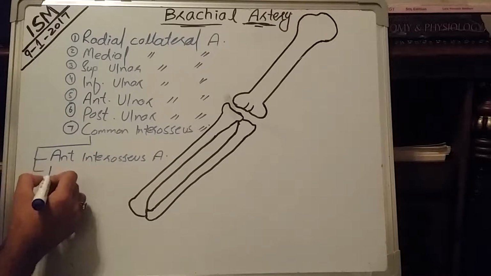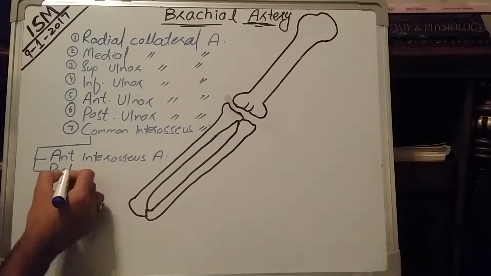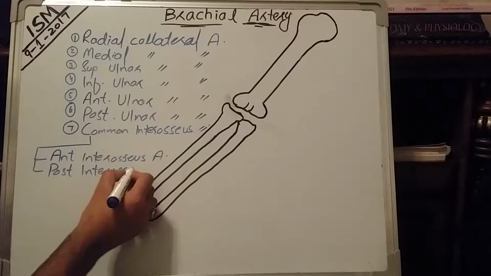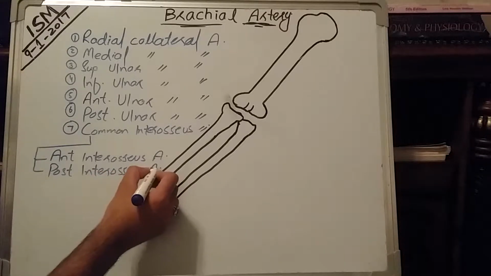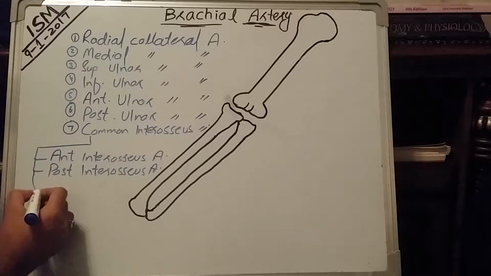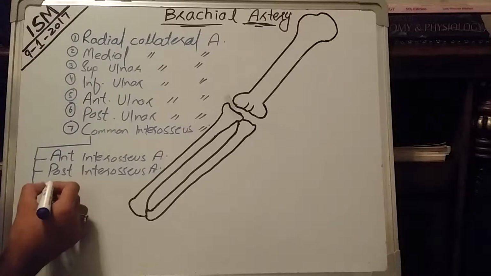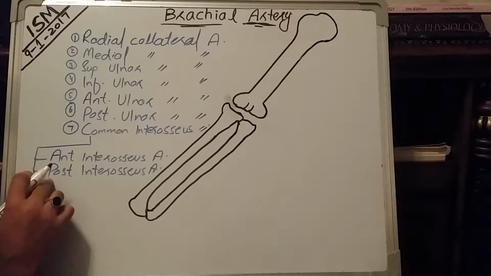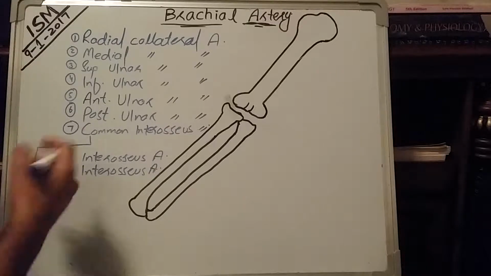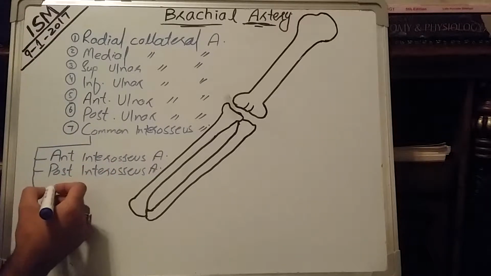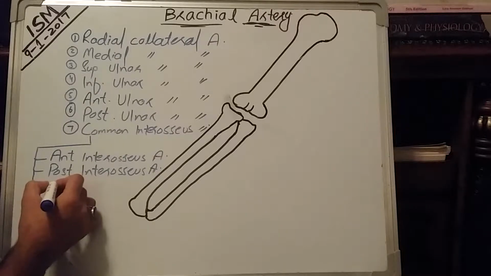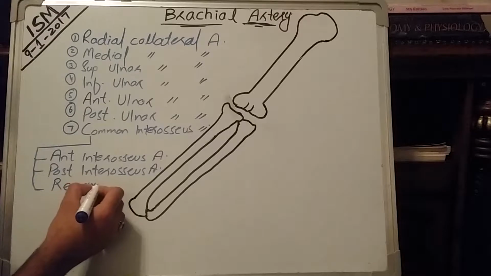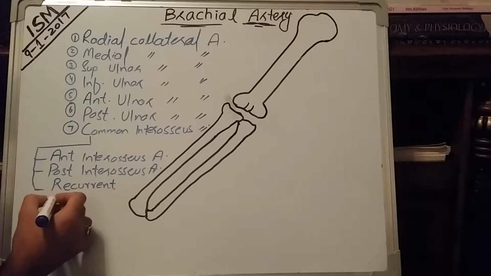The second one is the posterior interosseous artery, and the third and the last one is the recurrent interosseous artery.